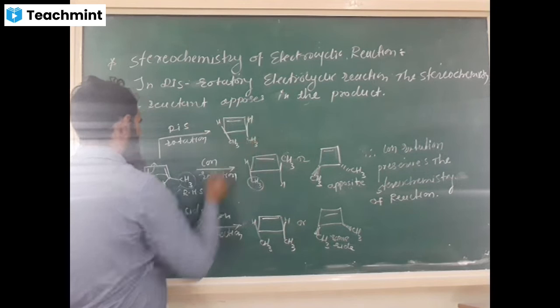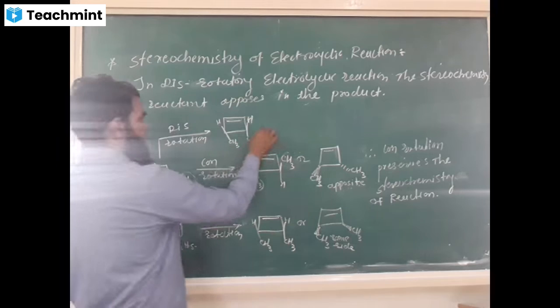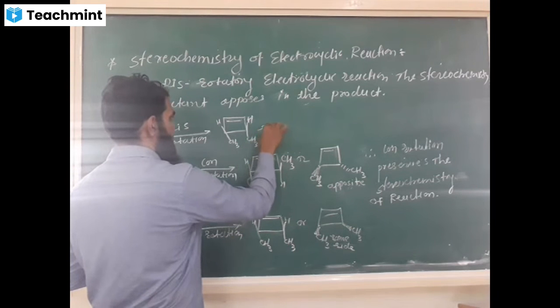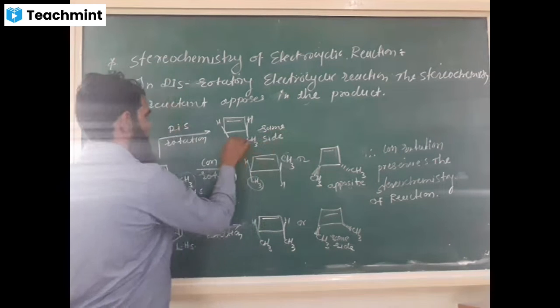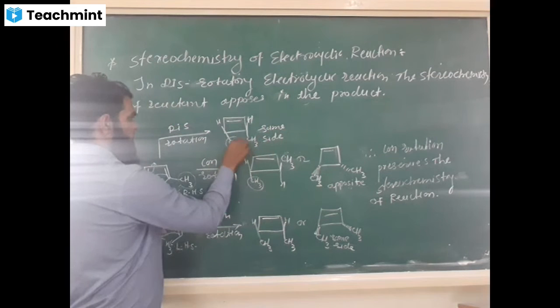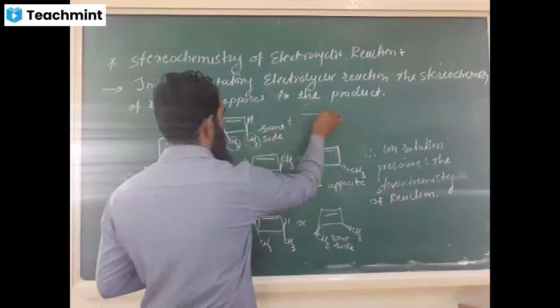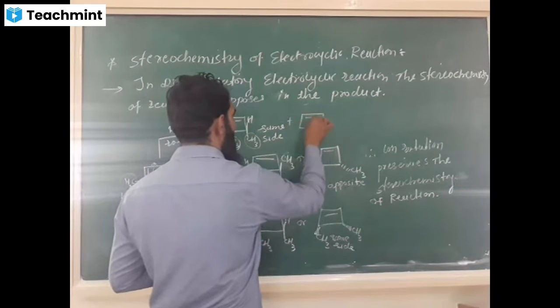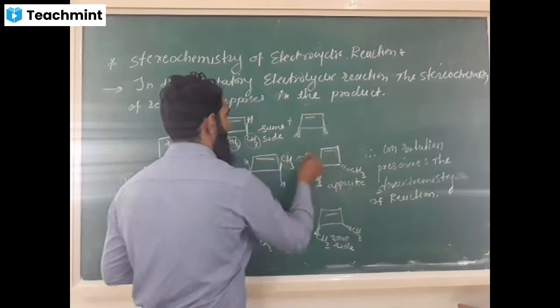That is the same side. In reactant they are on opposite sides. In product they are on the same side. These two CH3 groups are on the same side. और हम इसको ऐसा भी लिख सकते हैं, we can write it like this, both the CH3 are on the same side.